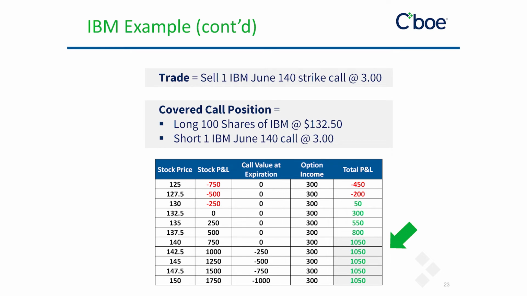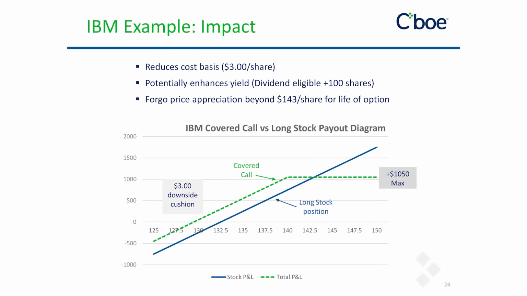That's not including dividends. Many sophisticated investors choose to employ a covered call strategy when they have concentrated portfolio risk, either in the form of individual equities or a broad-based index. This strategy foregoes some potential upside, in this case beyond $143 a share, in exchange for some downside protection.